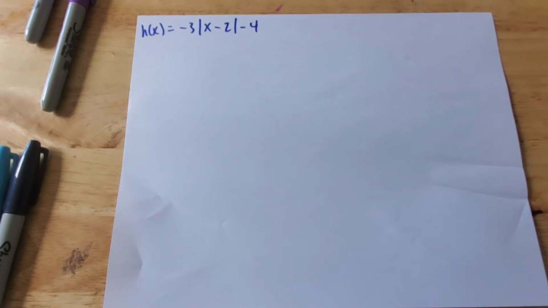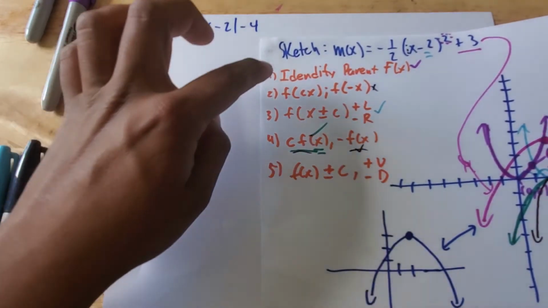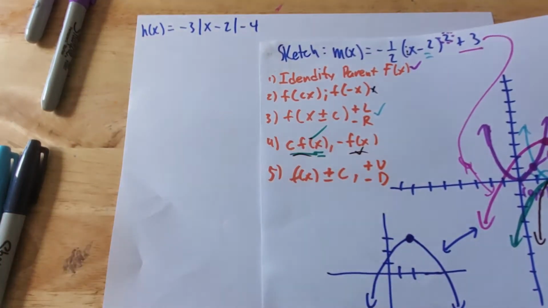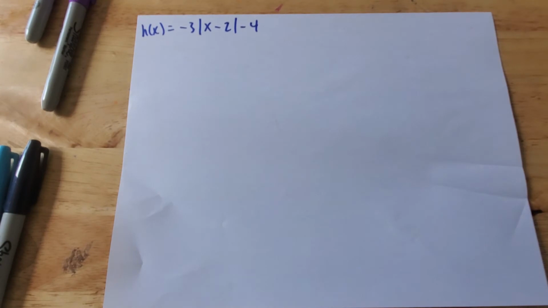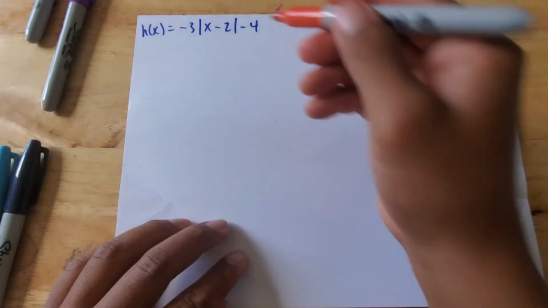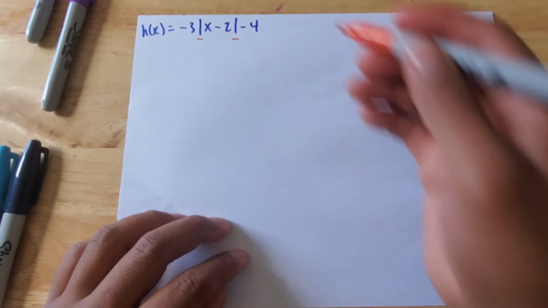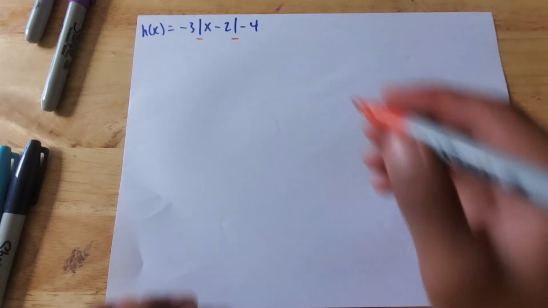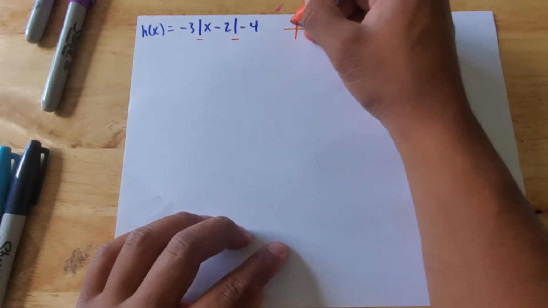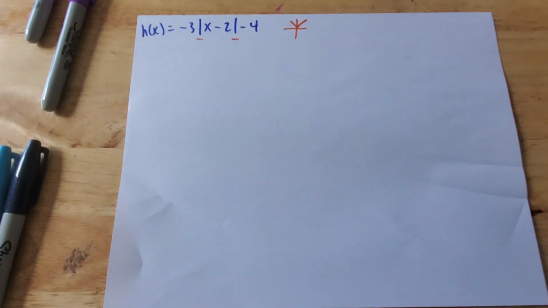Remember these, if you want, write these down somewhere so you can have them. You first want to identify the parent function and then work from inside and out. So whatever's nearest to x, and then you start working your way out from x. So I can see these absolute values, so I know my parent function is going to be that V.